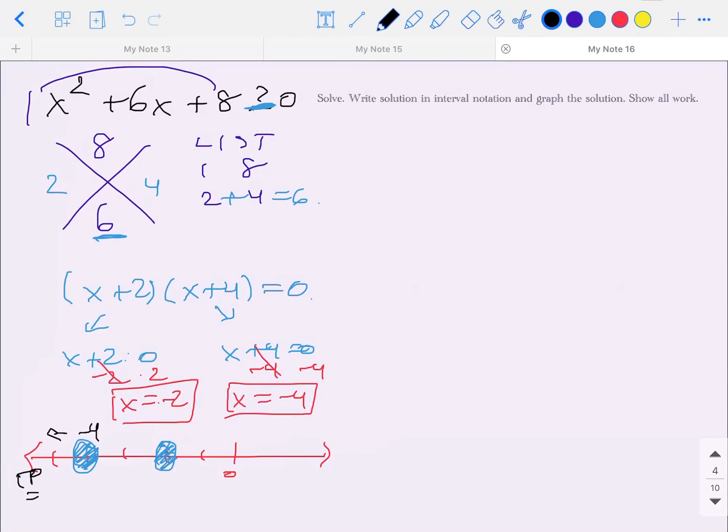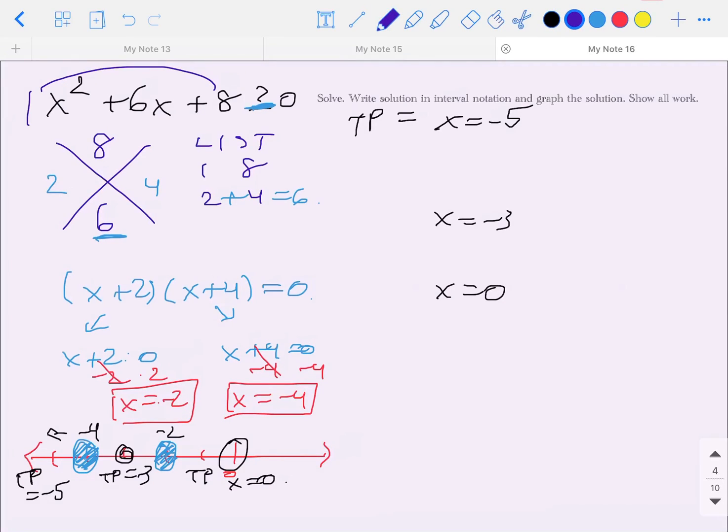So test point negative 5. This is negative 4 and negative 2, so I'm going to test a point between them, just negative 3. And then make another test point. I usually like to use 0. So test points: x is equal to negative 5, x is equal to negative 3, x is equal to 0.